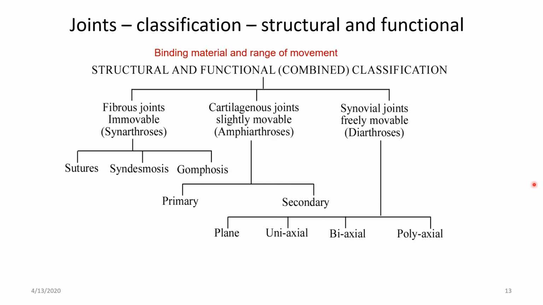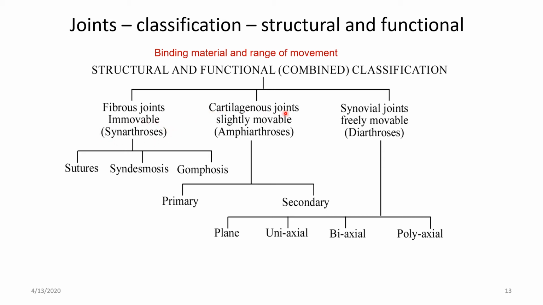Now, if we combine structure and function and classify the joints, the binding material and range of movement are combined and then classified. Fibrous joints, which is a structural classification, are functionally immobile. This is known as synarthrosis.